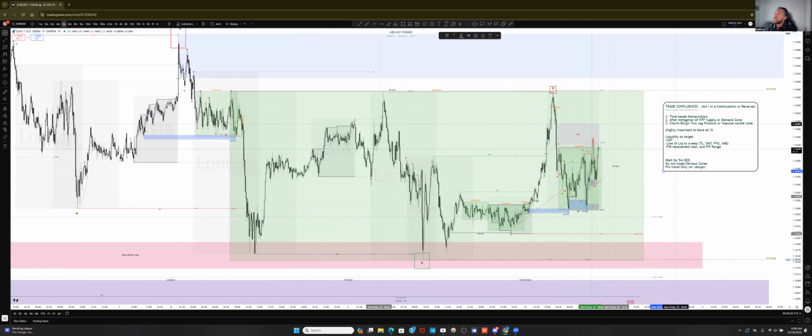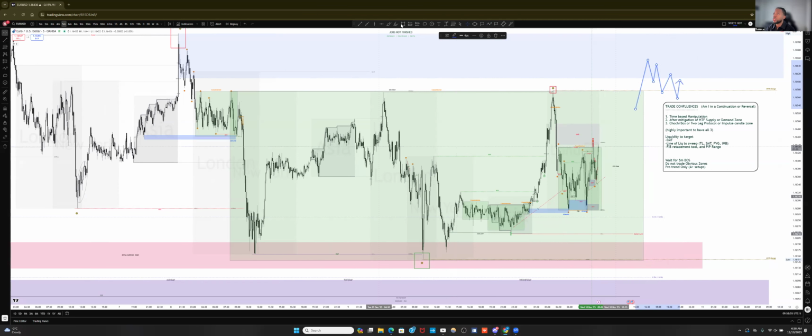Third, we want to see a change of character or a break of structure. So you know what that looks like. Price comes in, mitigates. We want to see a high that leads to a low, fails to break the high, low. So this high led to this low, led to this high, led to this low: change of character. Price may come back, retest, give you this break of structure, and you enter from here.